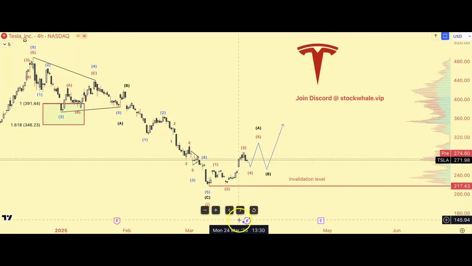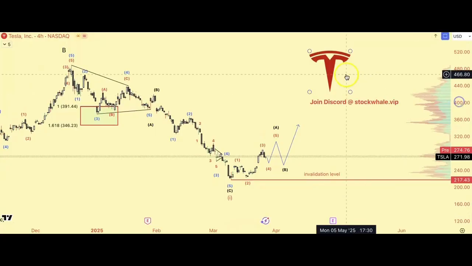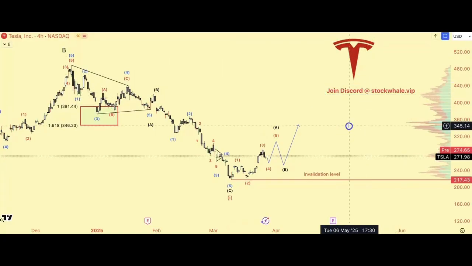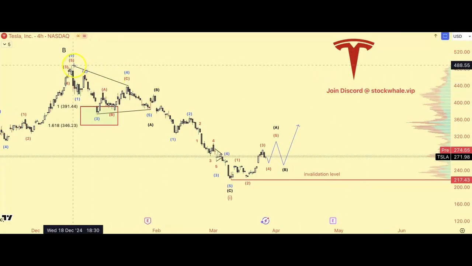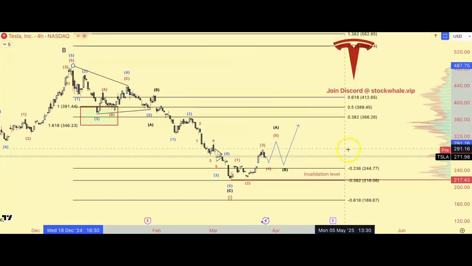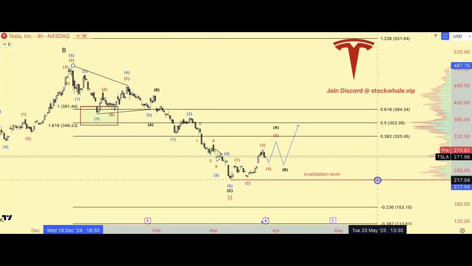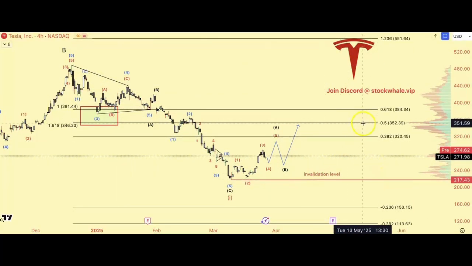Now, if we keep going on this bullish path, where do I see Tesla landing? We always want to try to get the 50 back, guys. So we take the swing highs for the fib retracement tool down to the swing lows, and that 50 back would be anywhere between 352 to 384.